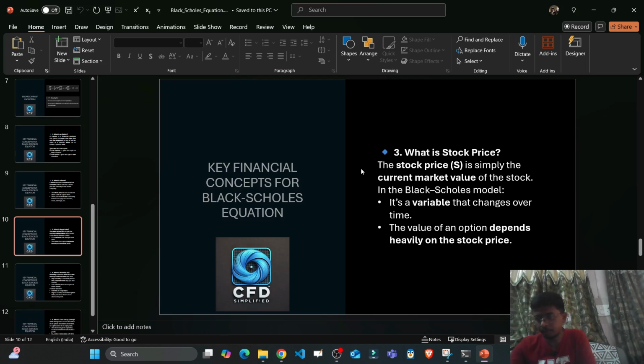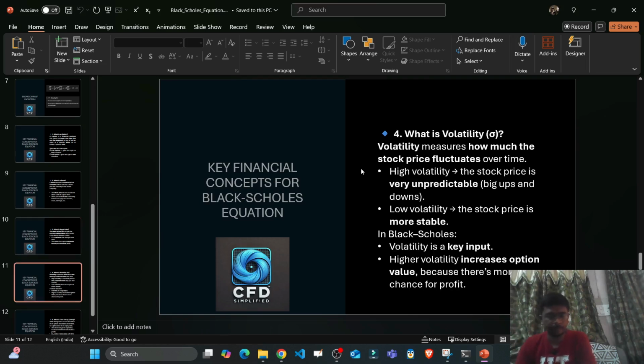If you hold a call option to buy a stock at 100 rupees, and the market price becomes 120 rupees, your option is profitable. So your option price depends on the stock price.